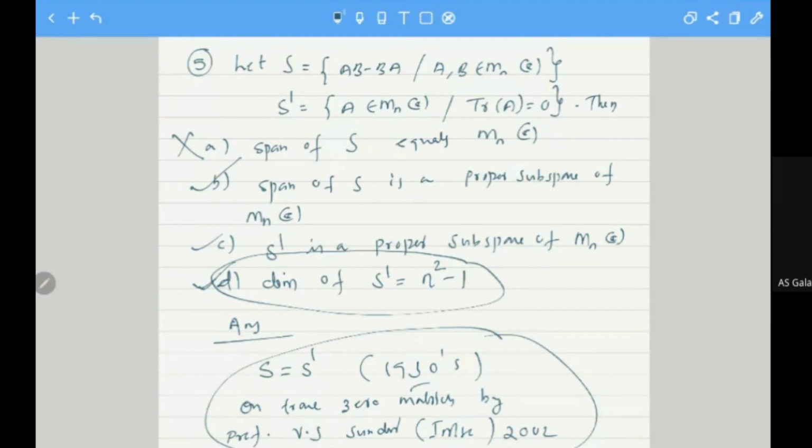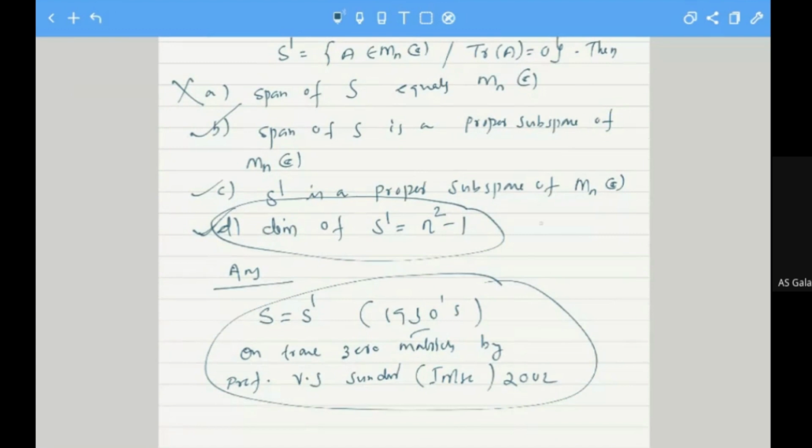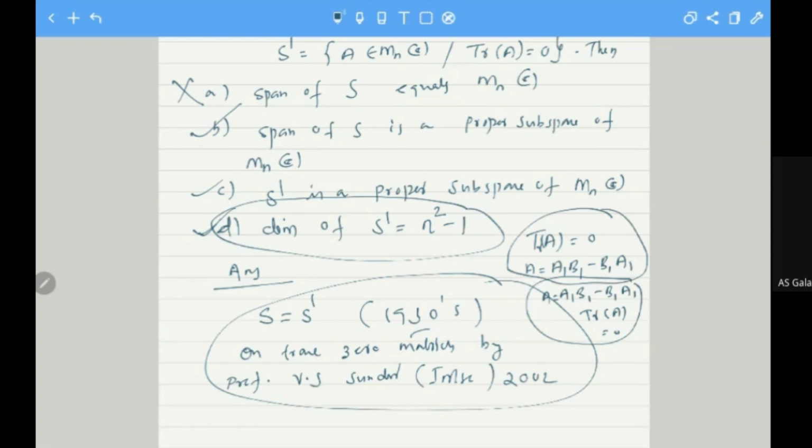Whenever you have a matrix A with trace of A equal to 0, then A equals A1 B1 minus B1 A1 for some matrices A1 and B1 in MNC.